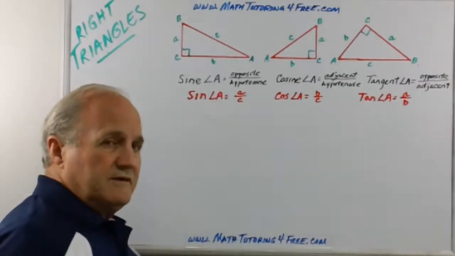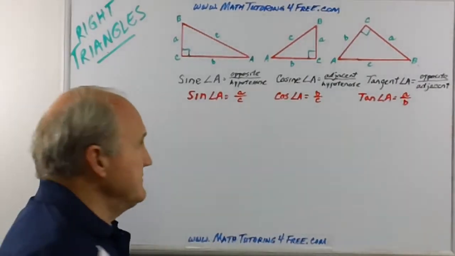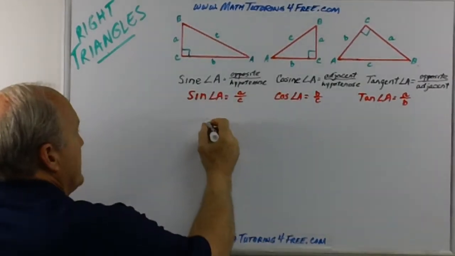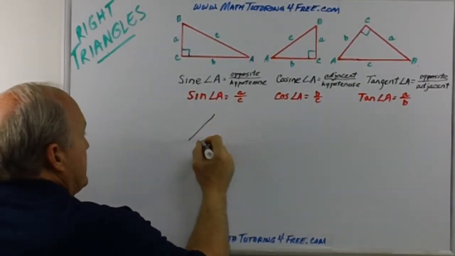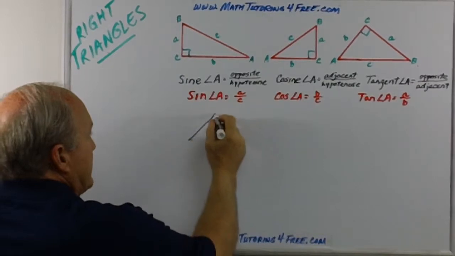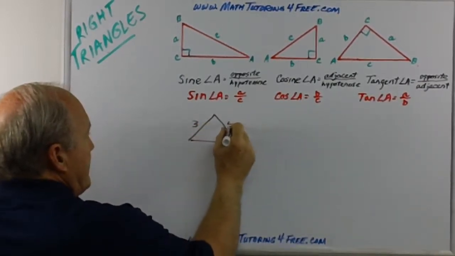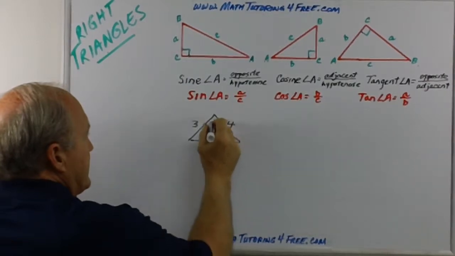Let's take a triangle, and I'll make it nice and convenient: it happens to be a 3, 4, 5 right triangle.